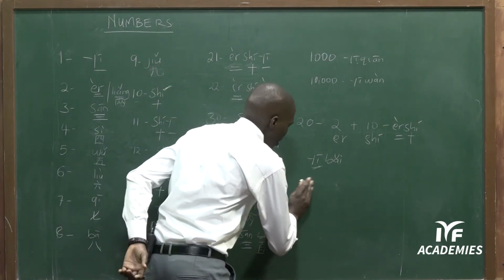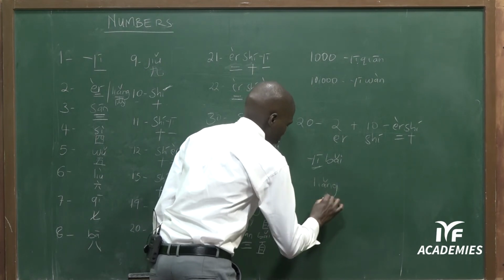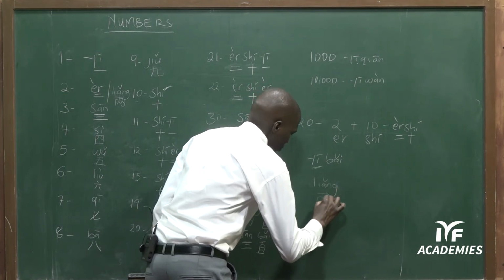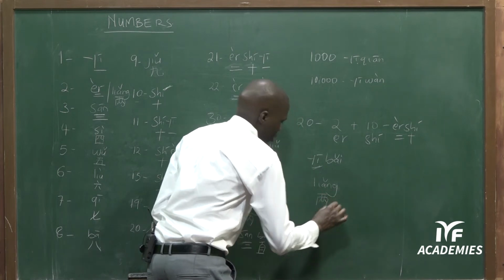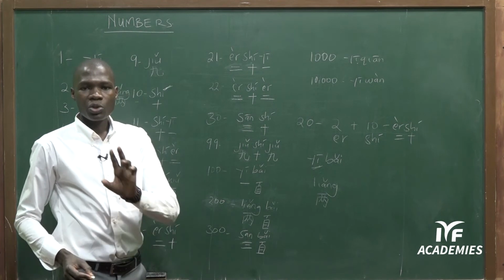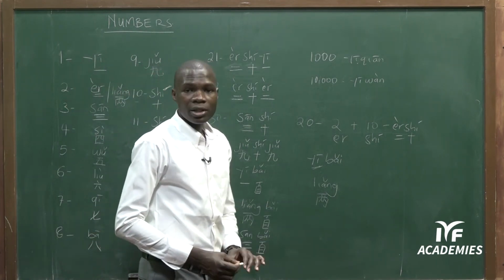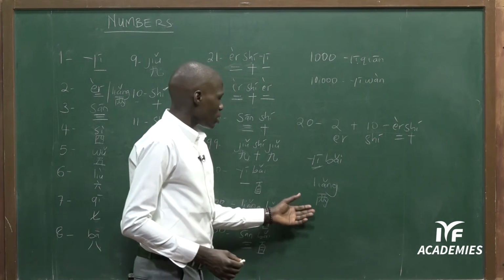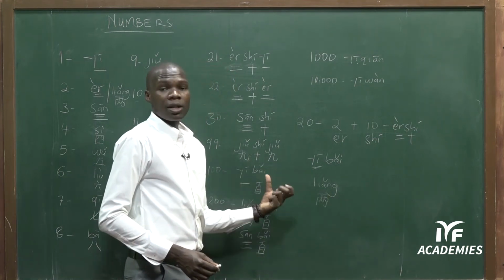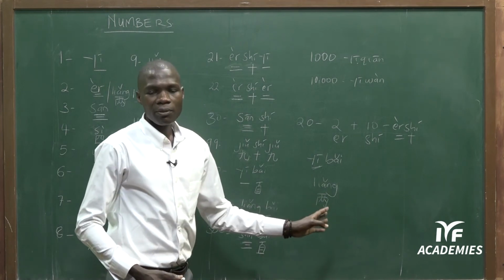Liang bai means 200. Why am I using liang, not er? Because we are counting.